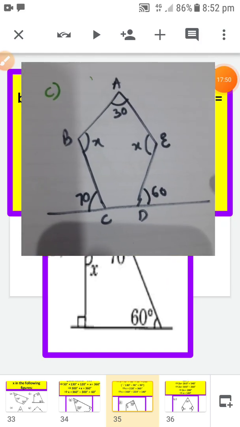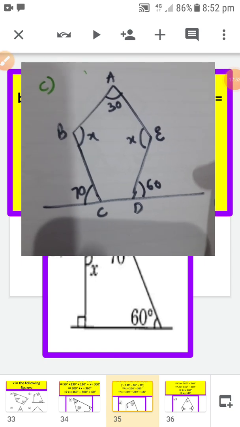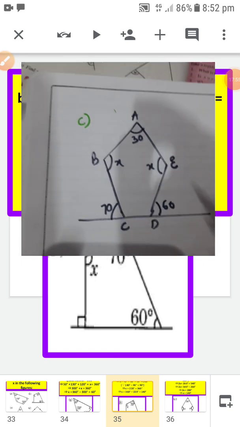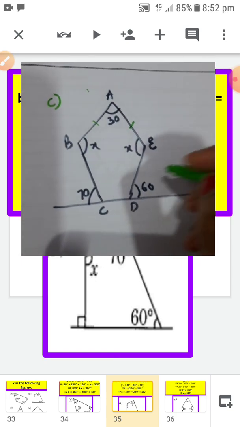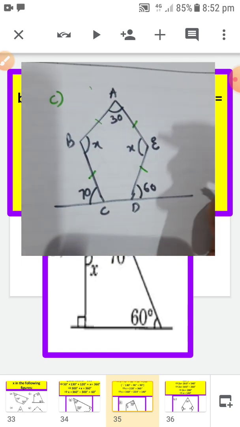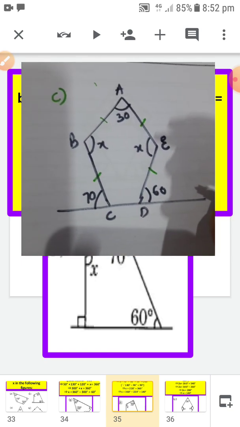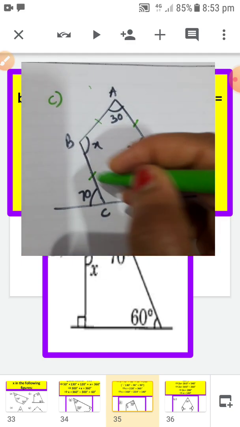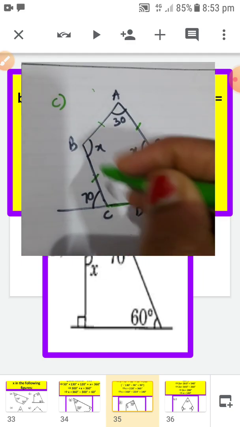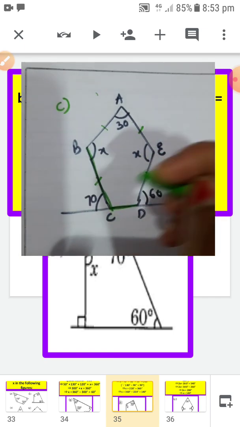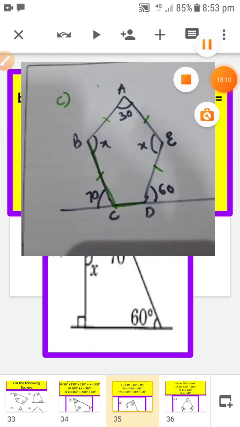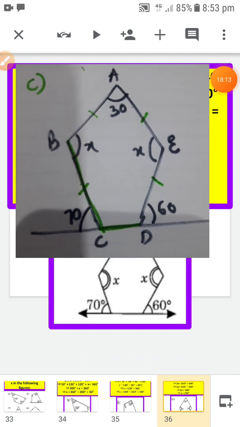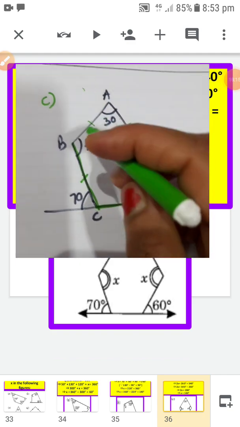Okay, this is your C part. In this again there is a figure, 1 2 3 4 and 5, sorry, a pentagon. This is the figure of a pentagon because 5 sides are there.